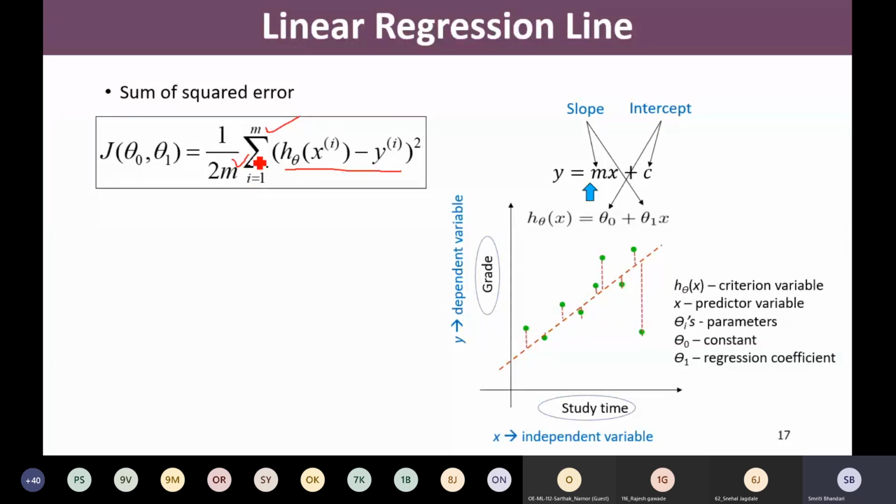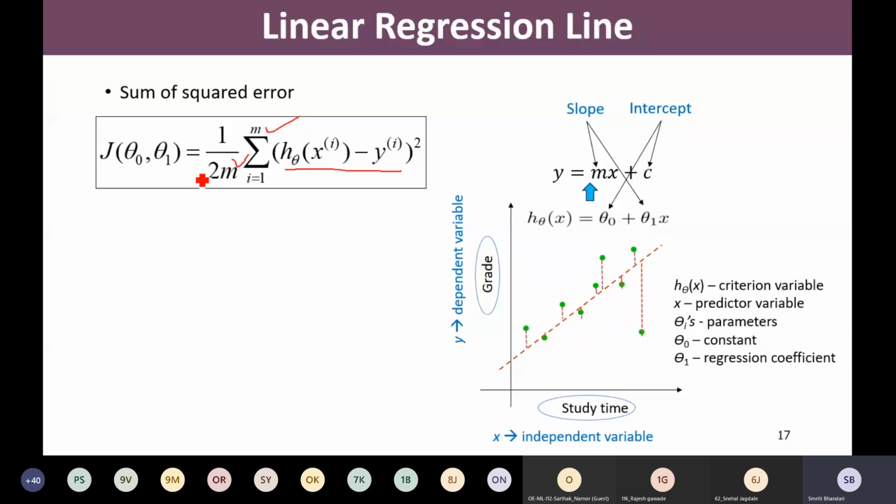In fact, we wanted to have a mean, but what we have computed is half of that mean. The reason we have added this multiplier half here is simply for the sake of mathematical convenience. What that mathematical convenience is, we are going to discuss later, whenever we come up with some mathematical treatment of this expression.